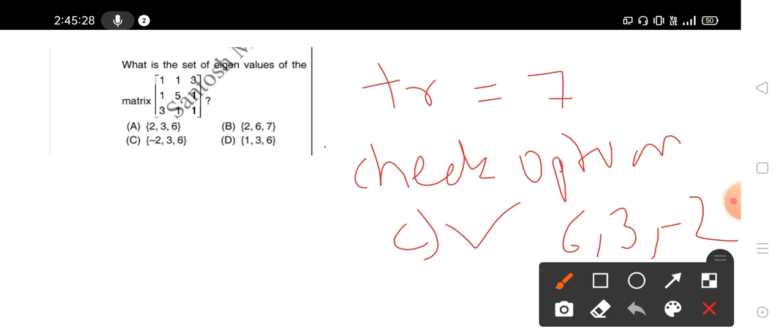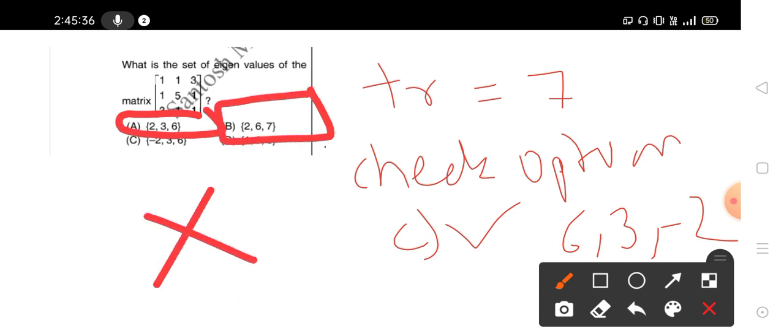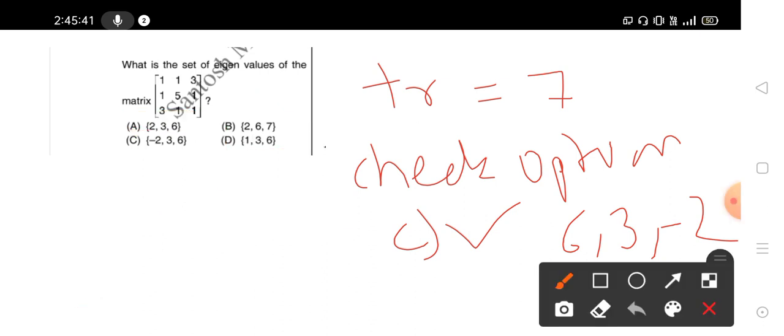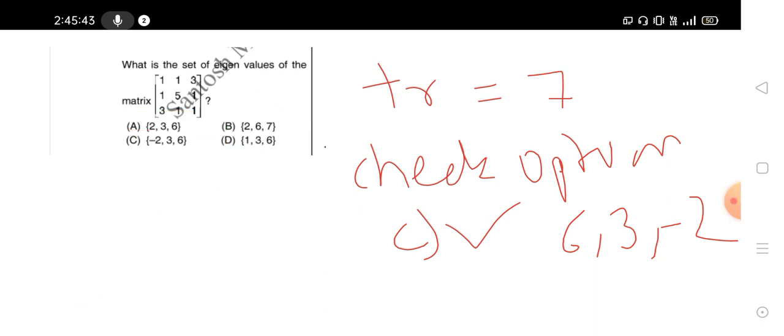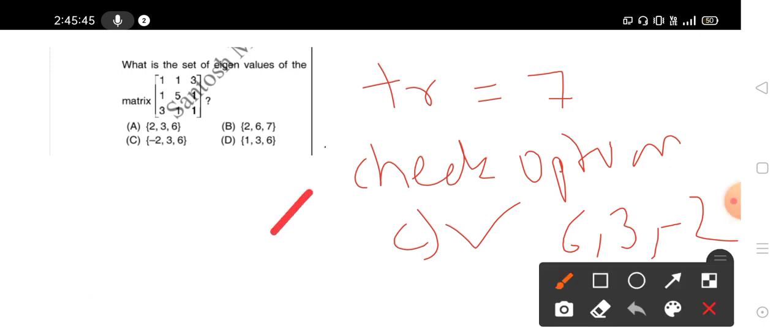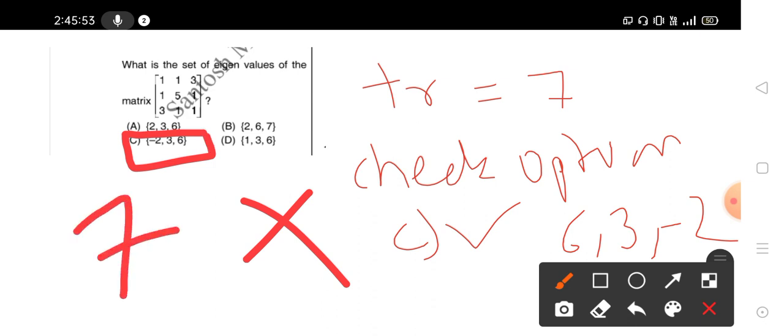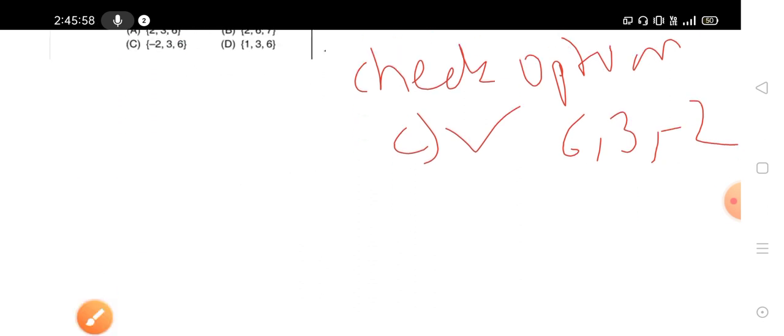We get option 6 7. 2 plus 3 plus 6, this is not possible. 2 plus 7 plus 6, this is also not possible. Now check option D. 1 plus 3 plus 6, this is also not possible. In option C, minus 2 plus 3 plus 6, that is 7, this is possible. Therefore option C is correct.